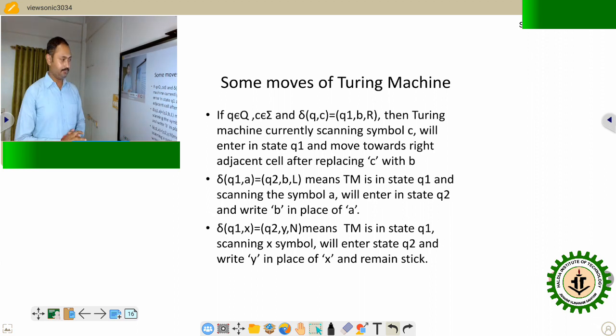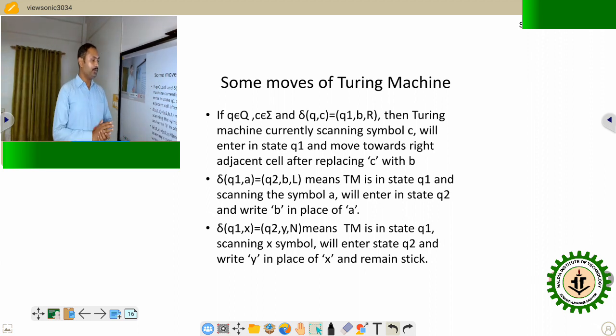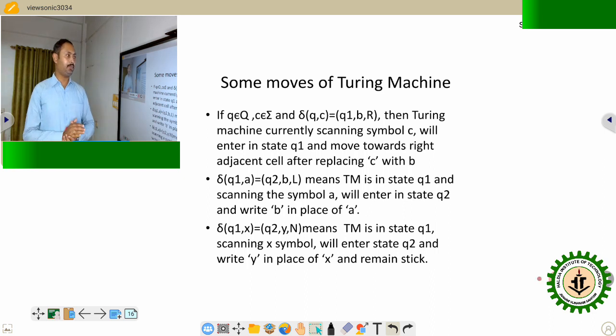So few things we have to remember. The first thing is that Turing machine has the highest power. It can accept all languages in the universe. So basically it will accept recursively enumerable languages and recursive languages also. And it also accepts context-sensitive languages.